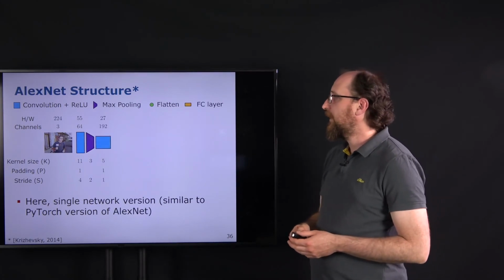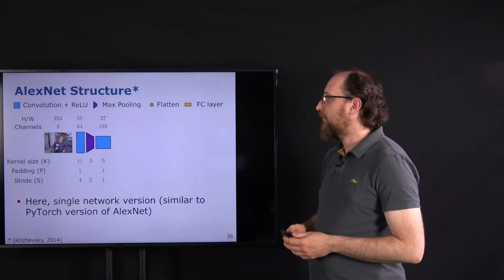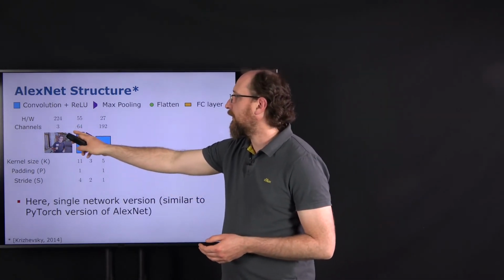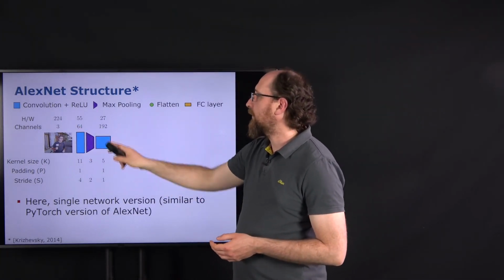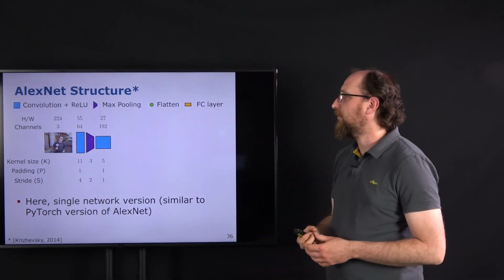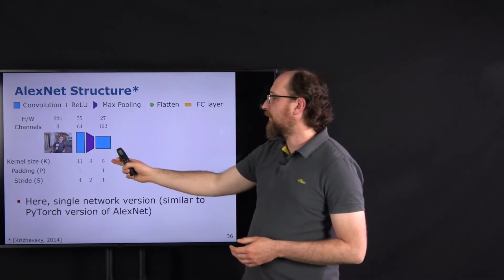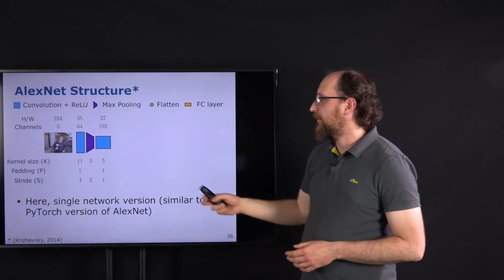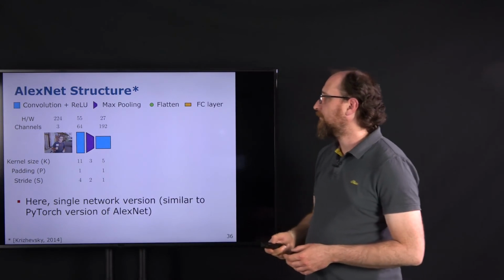Then we had a convolutional layer again. The input channels are 64 and the output channels are 192. In this case, this was a 5 by 5 convolution with stride 1 and padding 1.